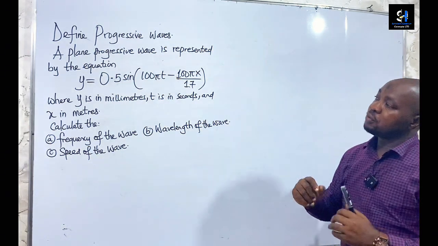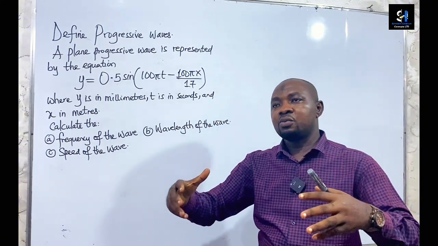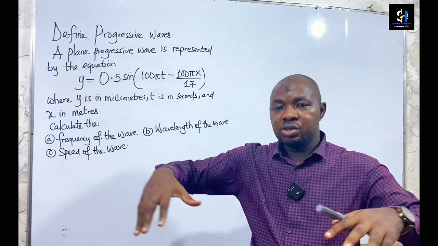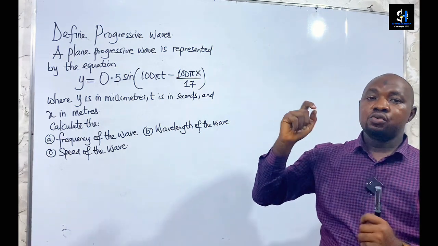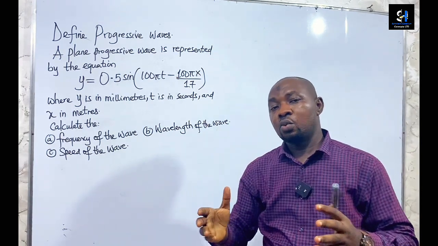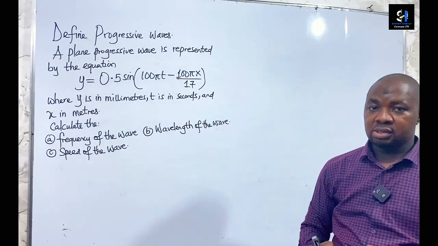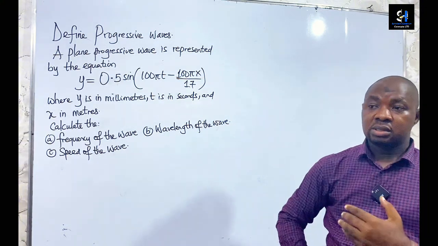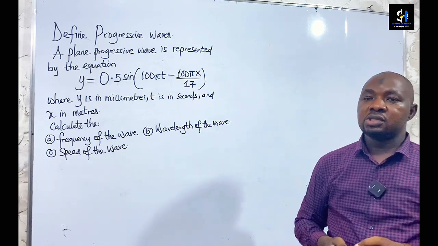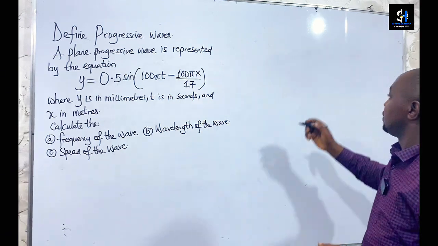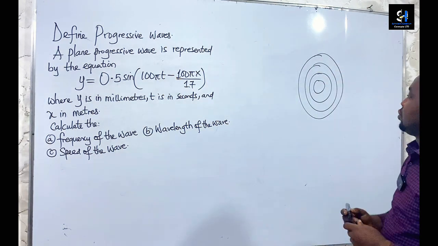So the first question is for us to define progressive waves. Examples of progressive waves are the ones we see on a water surface, just like when a stone or a pebble is thrown into the still water of a pond. The particles become pressed and move outward from the center of disturbance in the form of ever widening concentric circles.